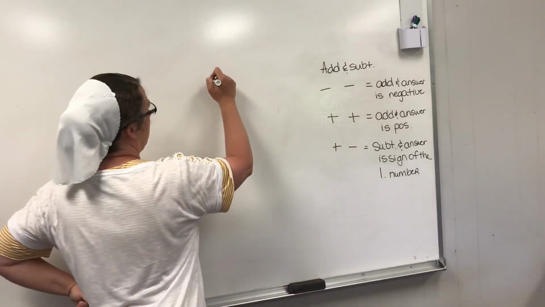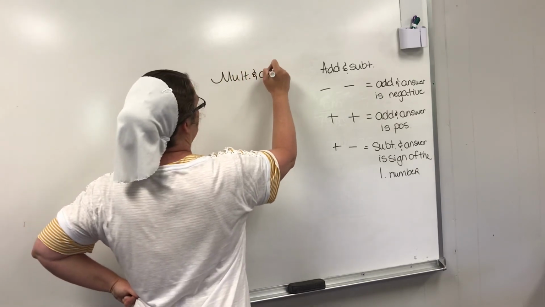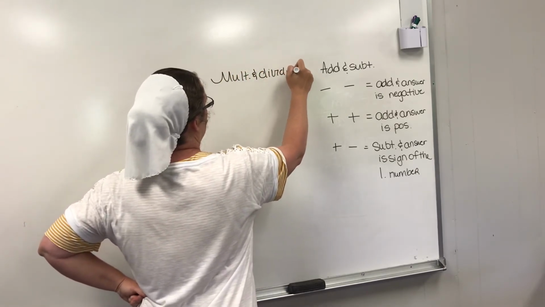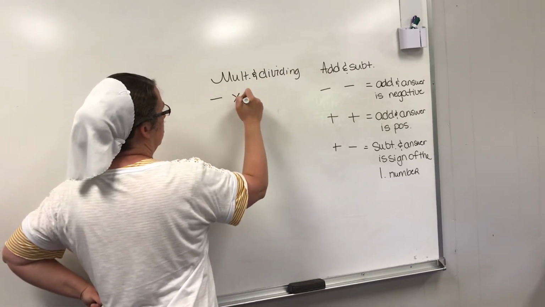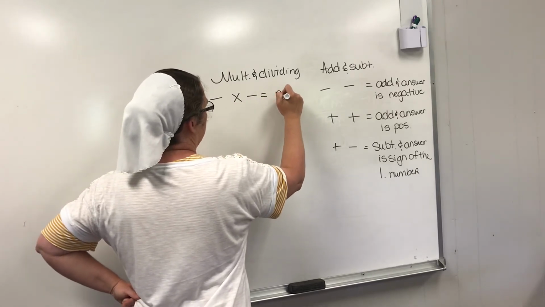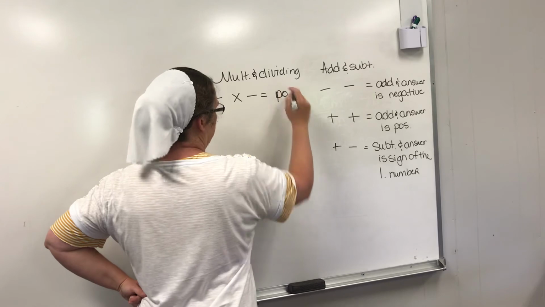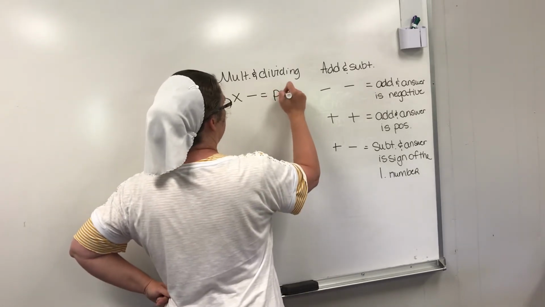Now, in multiplying and dividing, it's a little bit different. Two negatives always equal a positive.